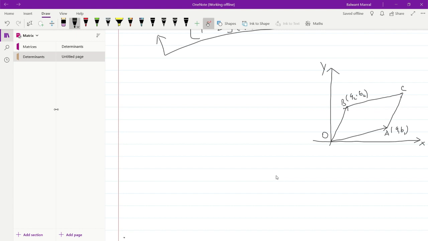Now its area will be given by the determinant |a1 b1; a2 b2| which is equal to a1 b2 minus a2 b1. Now if you take the points in anti-clockwise direction, this value will always be positive.